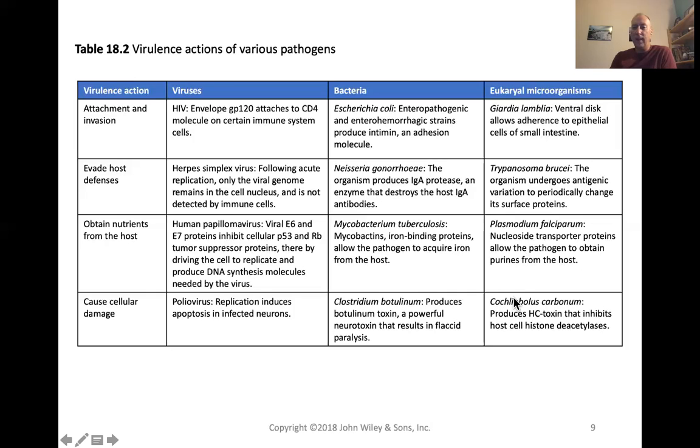And I believe this is a pathogenic yeast. But at any rate, there are examples for all of them of binding, evading host defenses, obtaining nutrients in order to grow, and causing cellular damage. This obtaining nutrients is a little different in the context of viruses. It's just basically how they take over the host cell so that they can propagate themselves.